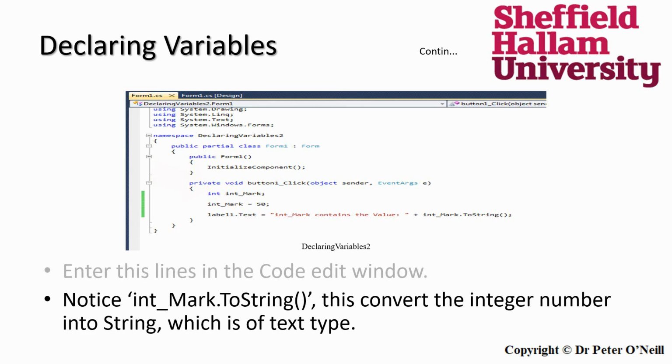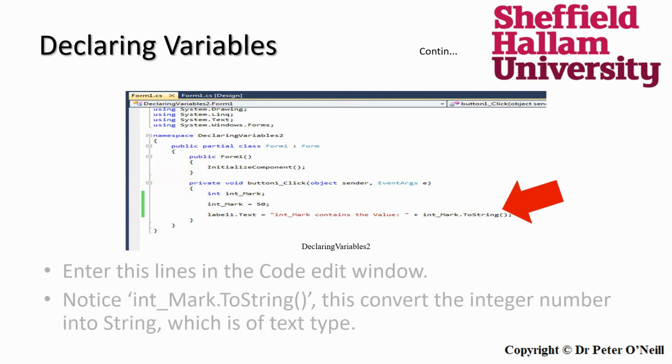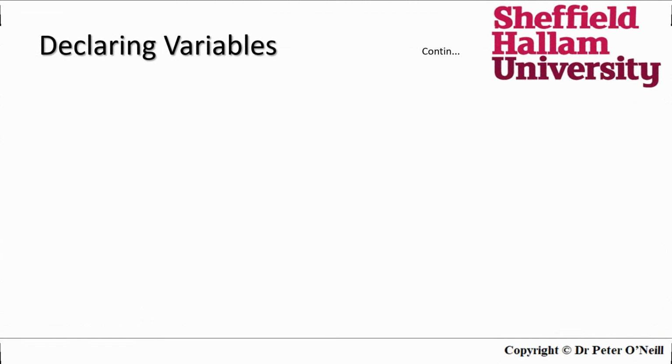So text is actually a string, and therefore we need to convert it so it can go into there. Notice the first half in speech marks is already text, so we're just concatenating it using the plus sign. So that's toString and explains it. It takes mark, converts it, and then puts it on to the end of the value.